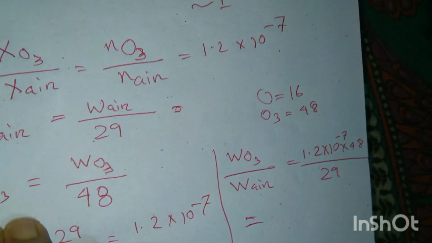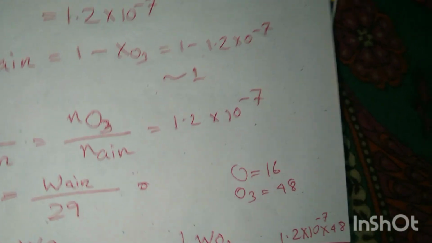Now parts per million means 10 to the power 6.